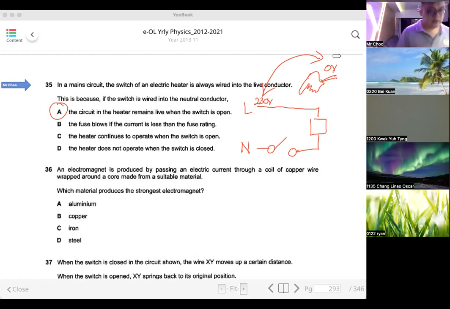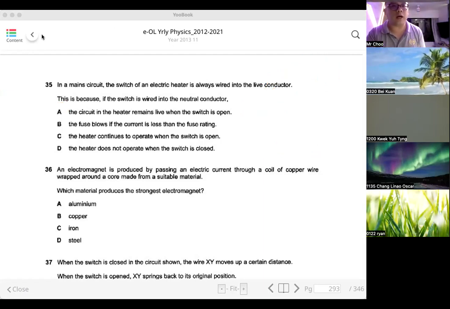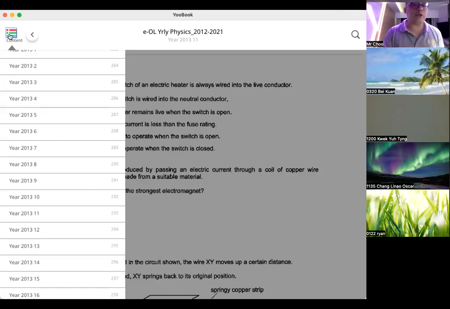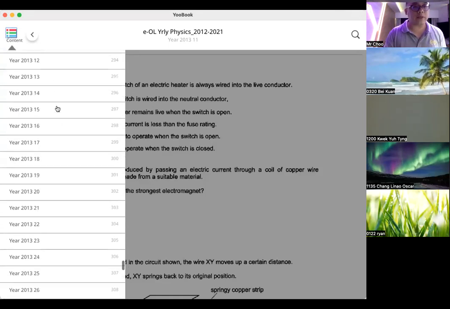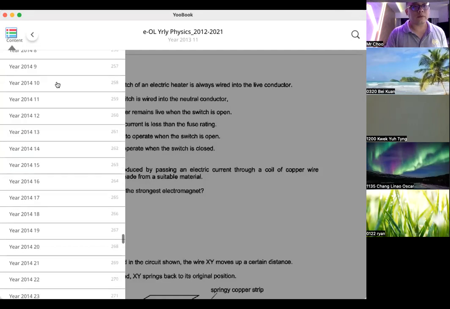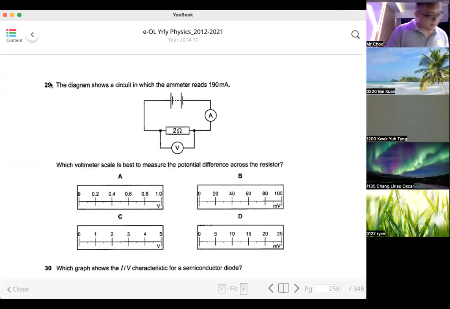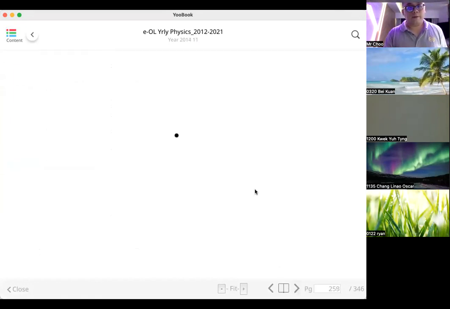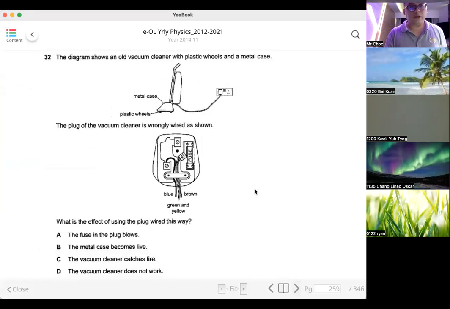All right. So all okay now. Let's go to the next question. This question I did not go through last week because I did not go through the picture of a plug. So this time around, you get to see a picture of a plug. Okay, let's take a look. For this question, it's the first time you see a picture of a plug.